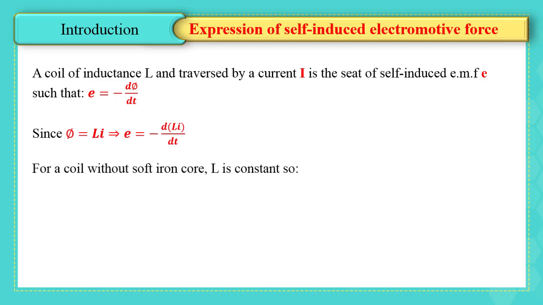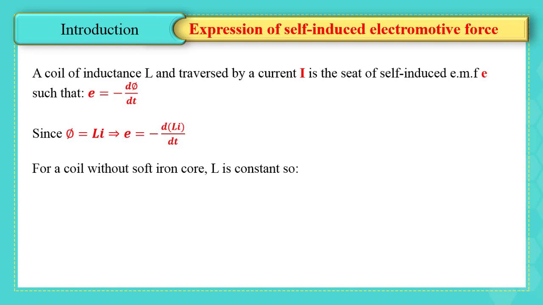For a coil without a soft iron core, which is a characteristic of a coil, L is always constant. And when the coil is with a soft iron core, L is variable. In most of the cases that we are going to study, the coil is without a soft iron core, so L is a constant.